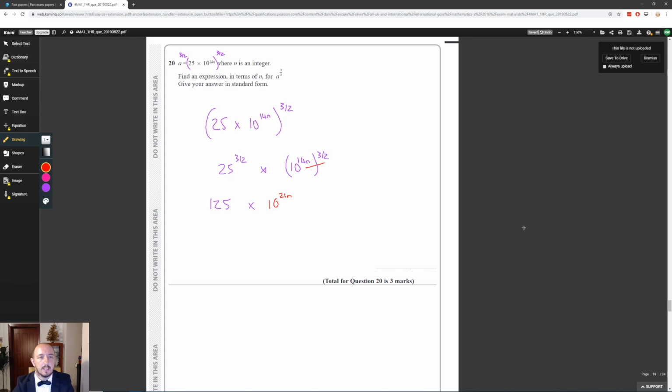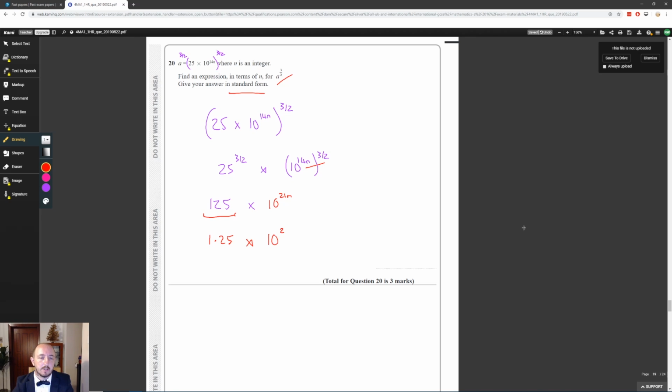So this is actually a to the 3 over 2, but in standard form we cannot have 125 here. We have to divide this 125 by 100 to get 1.25, because the decimal has to be between 1 and 10 in standard form. So we've divided this by 100, so we need to increase the power of 10 by 100.